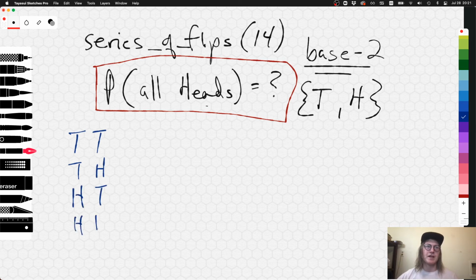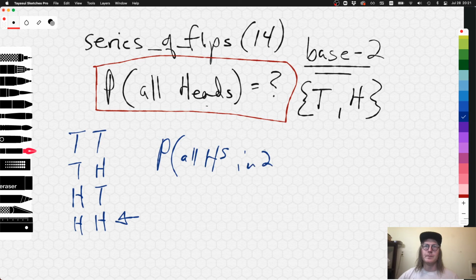How many different ways can we get all heads? Just one out of 4, right? And so the probability of all heads in 2 is going to be 1 out of 4. Equals 1 out of 4. You might be already thinking about the pattern here.